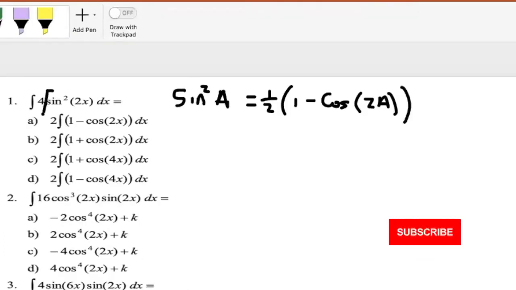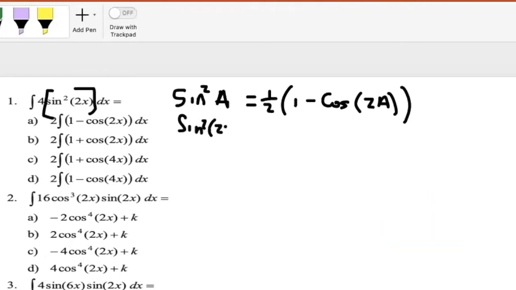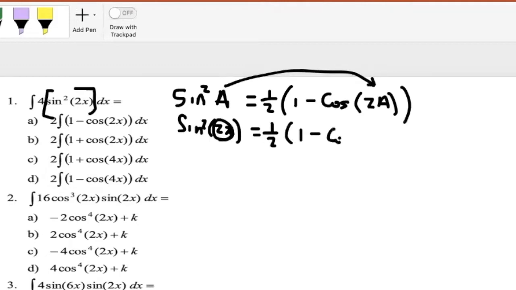So sine squared 2x is the same thing as a half, and because I have to double the angle, doubling 2x, it becomes 4x, so I'll have a half (1 minus cos 4x).